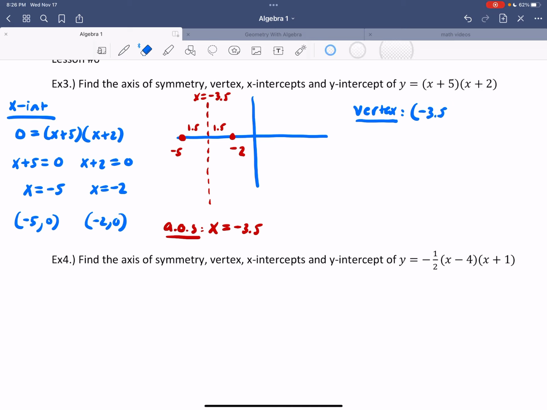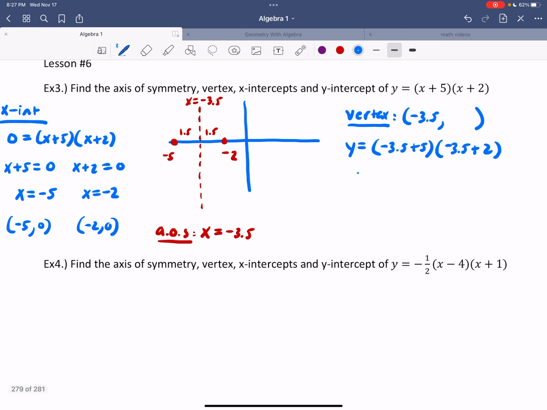And I need to find the y value. The way we're going to do that is we are going to plug and chug into that equation. So we have y equals -3.5 plus 5 times -3.5 plus 2, and we're going to see what we get. Now, for my students, I definitely would allow you to use a calculator to help you with this work, okay?